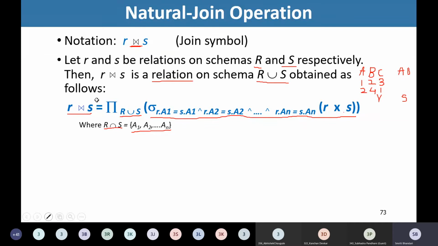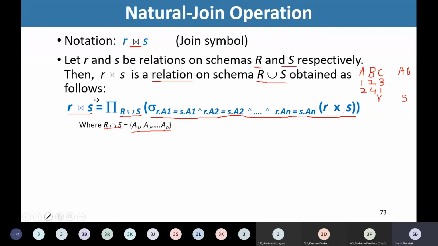Let us populate these two relations randomly. So suppose we are having the values of ABC as 1, 2, 1, 2, 4, 3, 3, 5, 1, something like this.